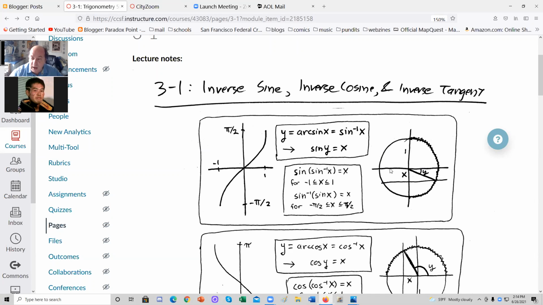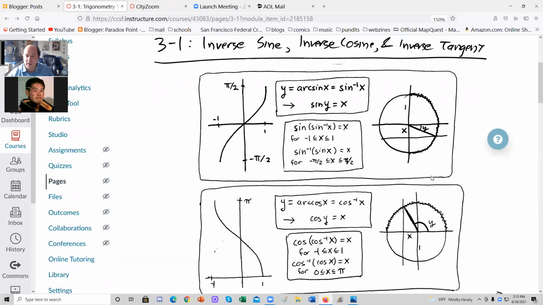And that angle y is the arc sine, usually given in radians, though of course you can convert to degrees as well. And in fact, your calculator will probably have arc sine and modes for degrees and radians. So you should always know which mode your calculator is in when you use the arc sine, the arc cosine, or the arc tangent.